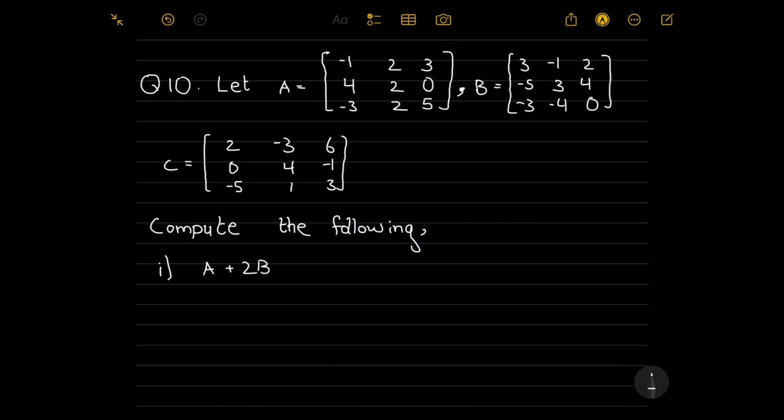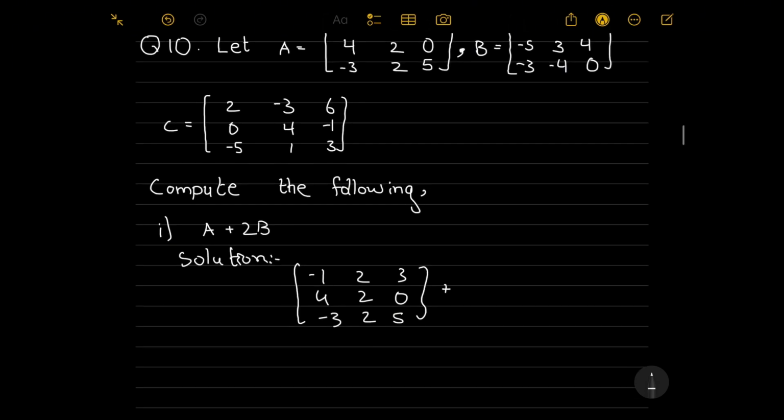A is, so solution, A is minus 1, 2, 3, 4, 2, 0, minus 3, 2, and 5.